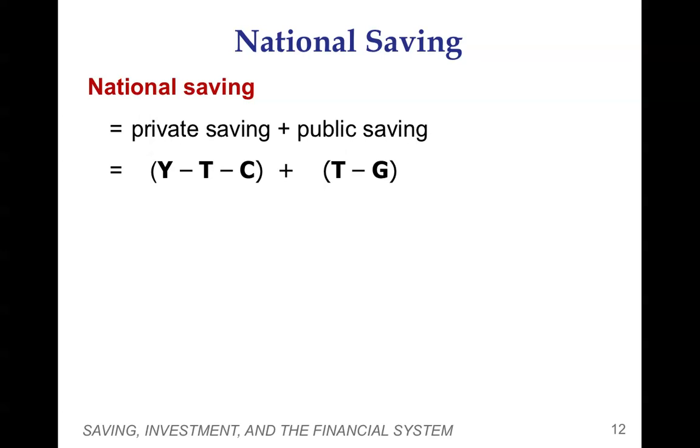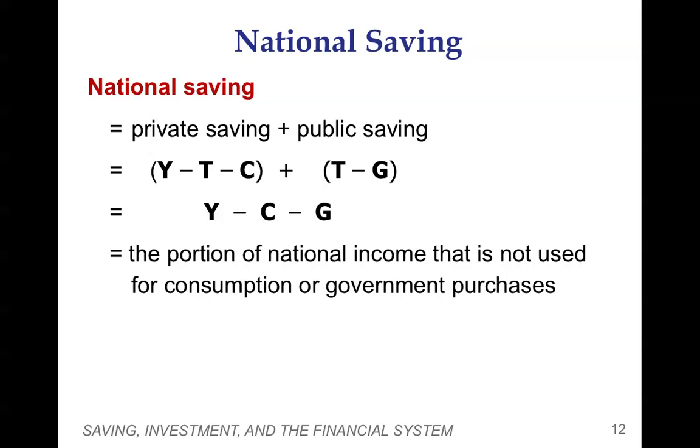There's private saving, income minus taxes minus consumption, plus public saving, tax revenue minus G. I think we can take out the T's here because of plus T and minus T, so we wind up with Y minus C minus G. Okay, so that is national savings, and that is the proportion of national income that is not used for government or consumption purposes.